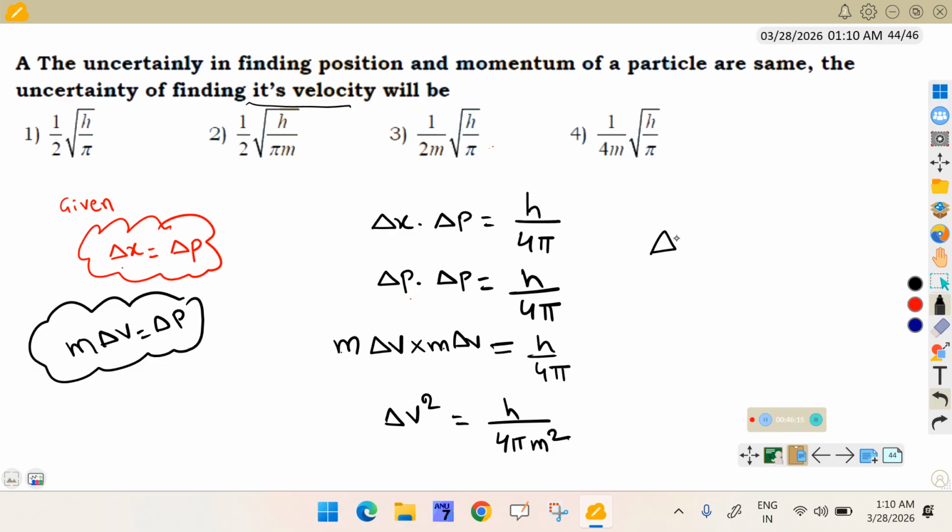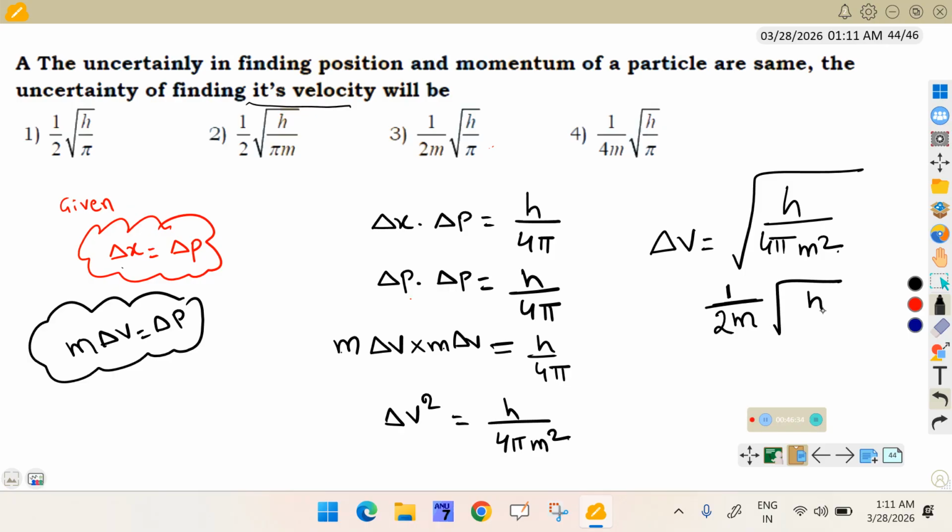Delta v is equals to square root of h by 4 pi m square, or it can be written as 1 by 2m square root of h by pi. Correct option, third option.